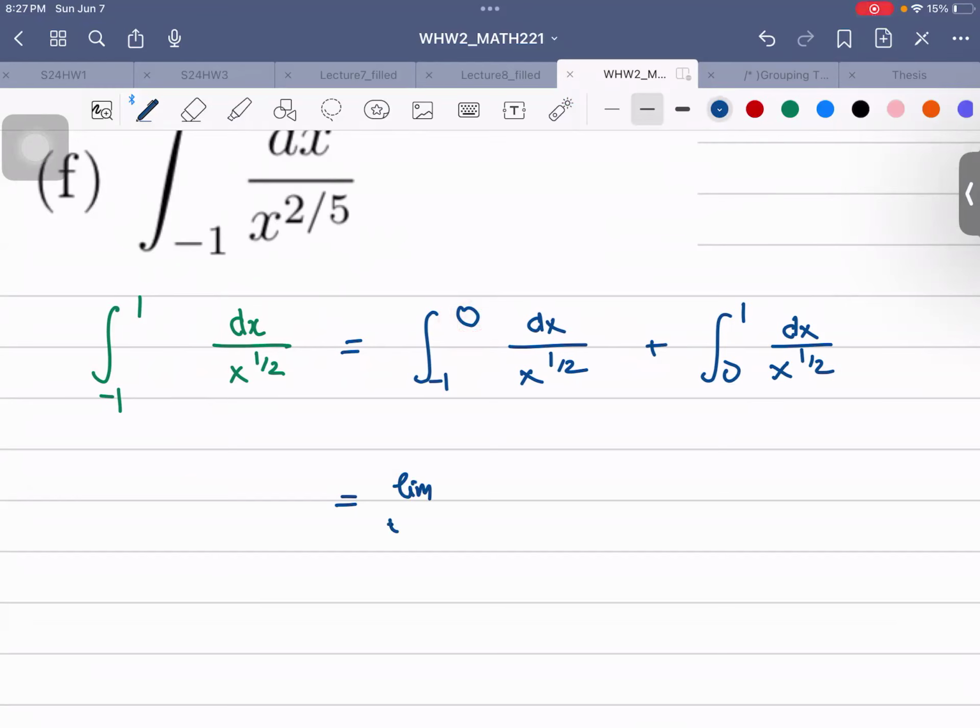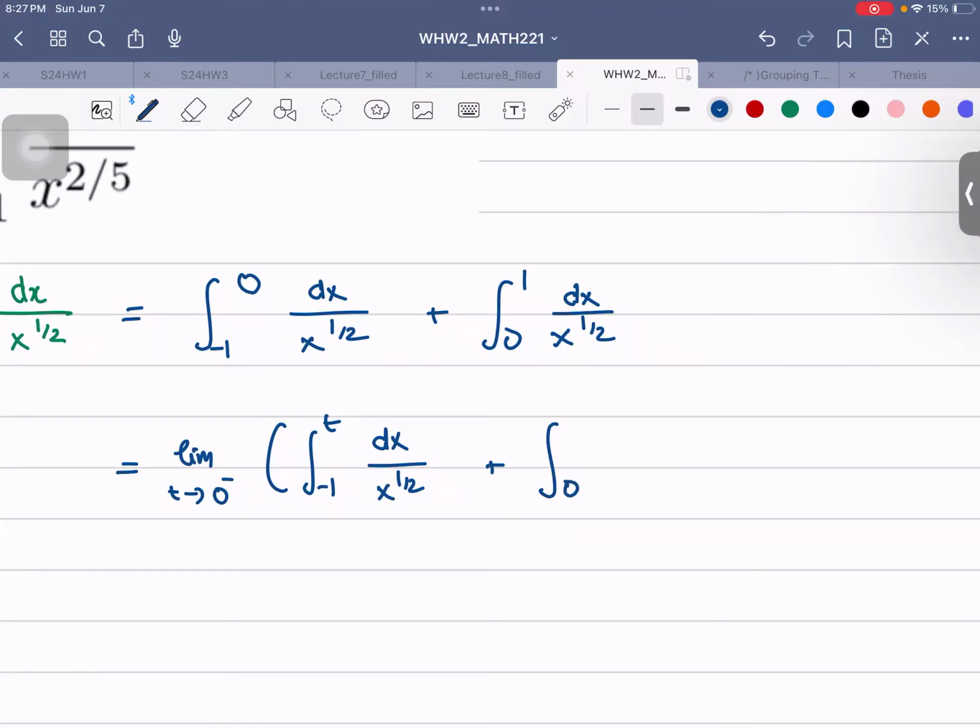So the limit as t tends to 0 from the left side of the integral from negative 1 to t of dx over x to the 1 half, plus the limit as t approaches 0 from the right side of the integral from t to 1 of dx over x to the 1 half.